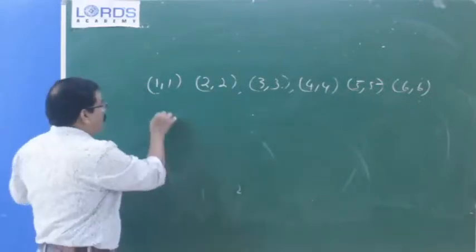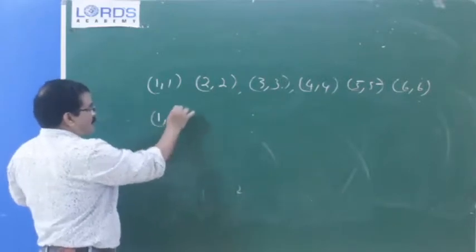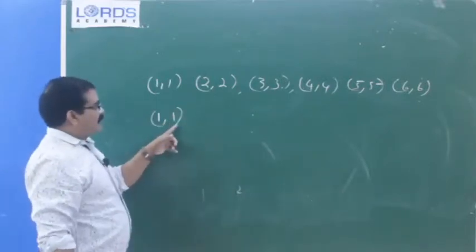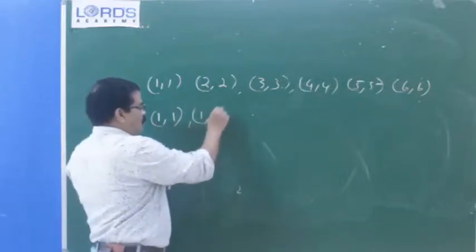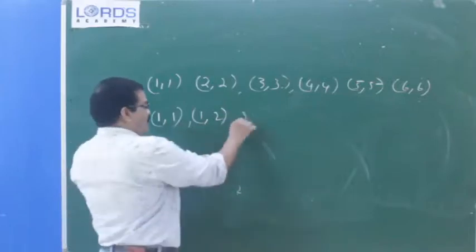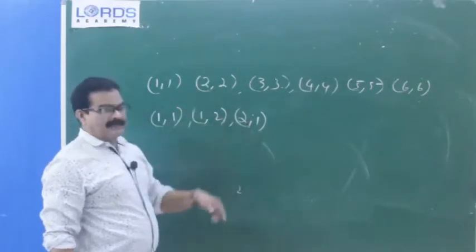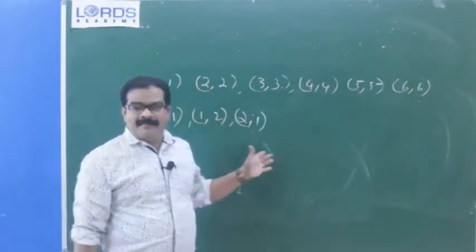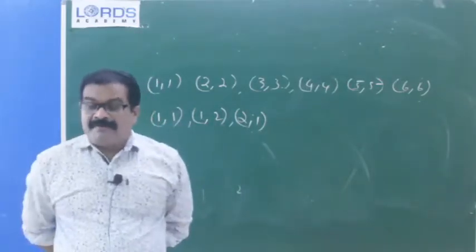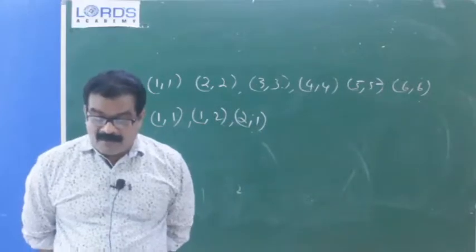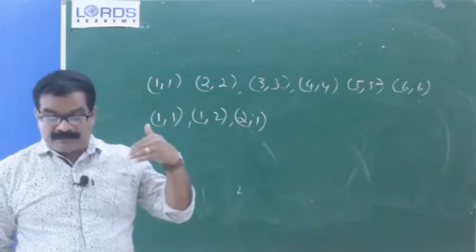For example, 1 1, 1 2, 2 1, 2 2, you can take each side less than 3. Then you can see only 4 pairs. Therefore, the answer will be 4 by 36, that is equal to 1 by 9, you write it as homework.